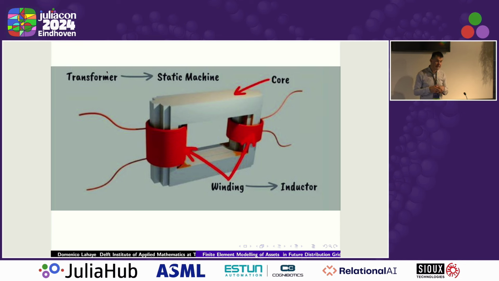It is typically a low voltage winding. What you see here is a design with one phase. Typically, the system works with three phases. And you might have also more complex designs of the ferromagnetic yoke. But what I show you here is the most basic design.